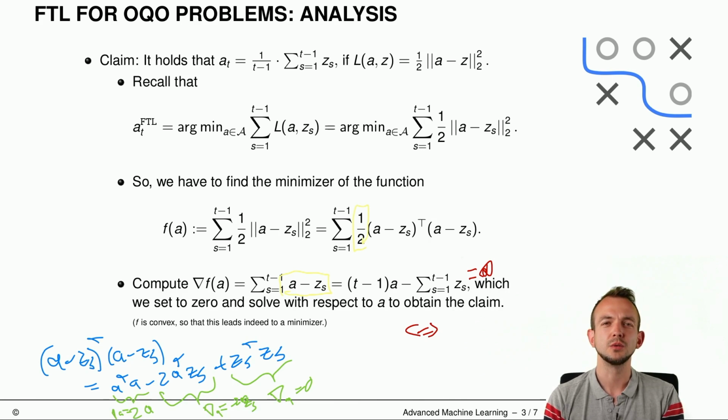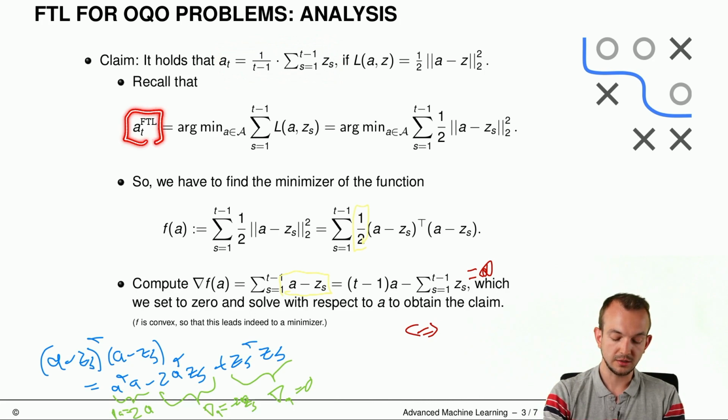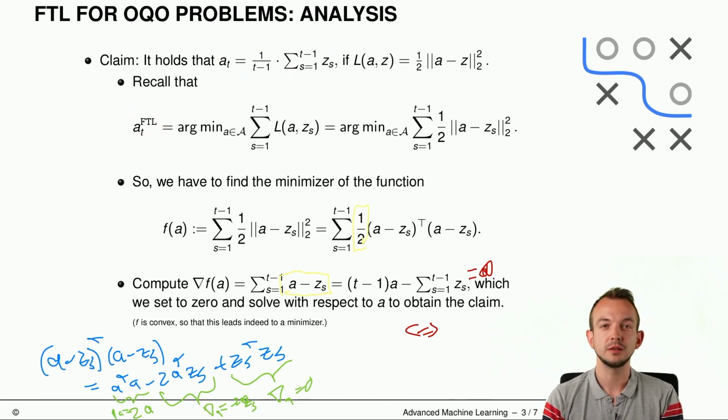So computing the a, which has a gradient of 0. Okay, so we have here verified that indeed the action taken by the follow the leader algorithm in time step t is nothing else than the empirical average over all environmental data points seen so far.